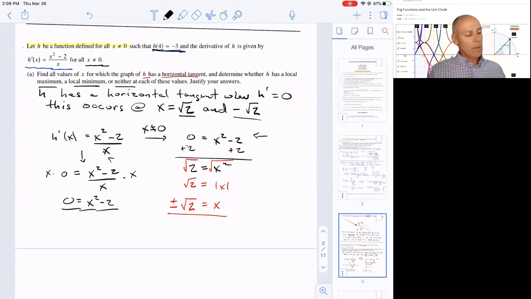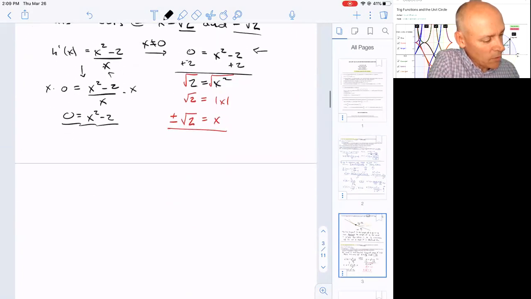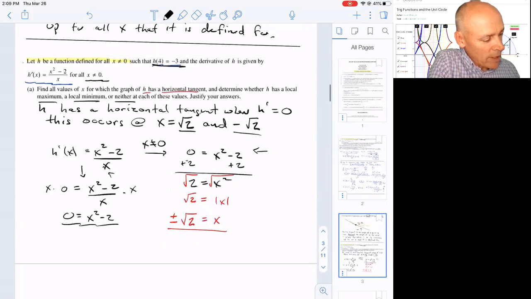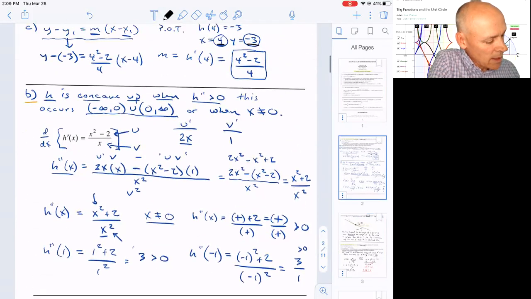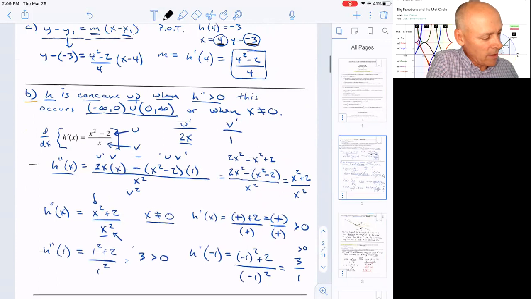Okay, well, there are a couple of ways I can do it. I have already come up with the second derivative. I calculated the second derivative in part B because I was interested in the concavity.